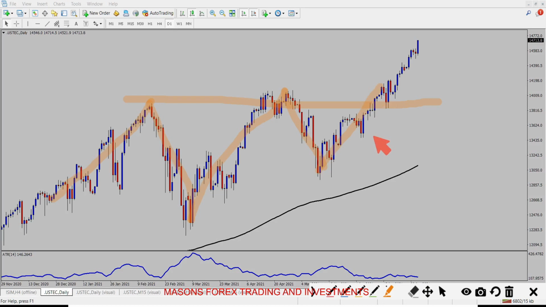Now, if you look at market structure, what happens is as soon as we close above this area here, which happens via this candle. Let me zoom in.